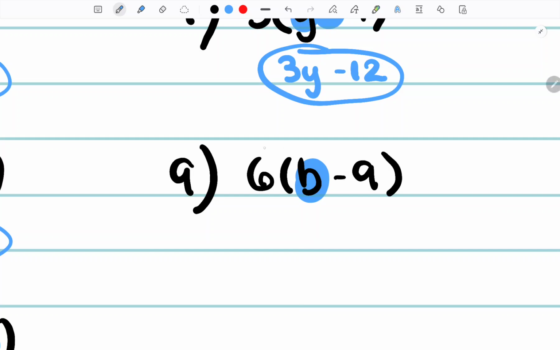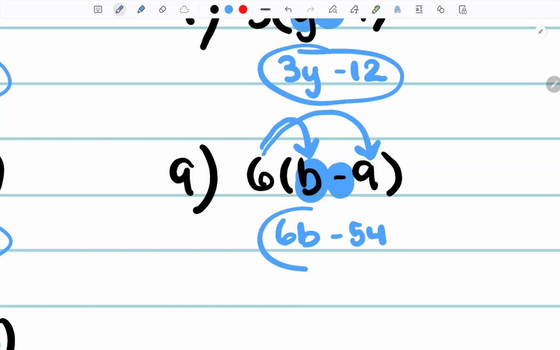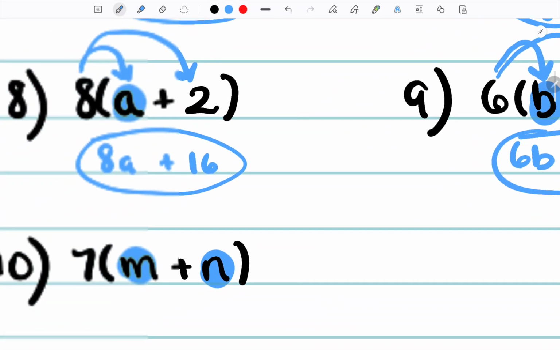Okay, so 6 times b and 6 times -9. Don't forget that negative. Okay, 6 times b, 6b, and 6 times -9, -54. So 6b minus 54 should be your answer.